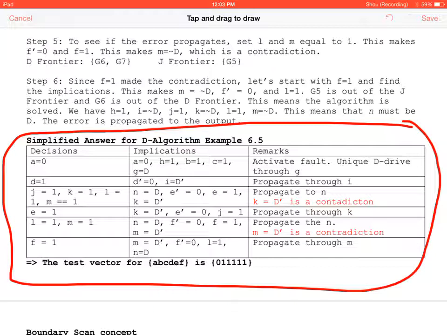Since that contradiction led from the fact that F is equal to 1 on the input, we decided F is equal to 1, and this propagated L is equal to 1, and M is equal to D bar. So you have 1, D bar, 1, D bar, 1 on the inputs of the last AND gate. So that creates our unique D drive. And so we've propagated it all the way through.